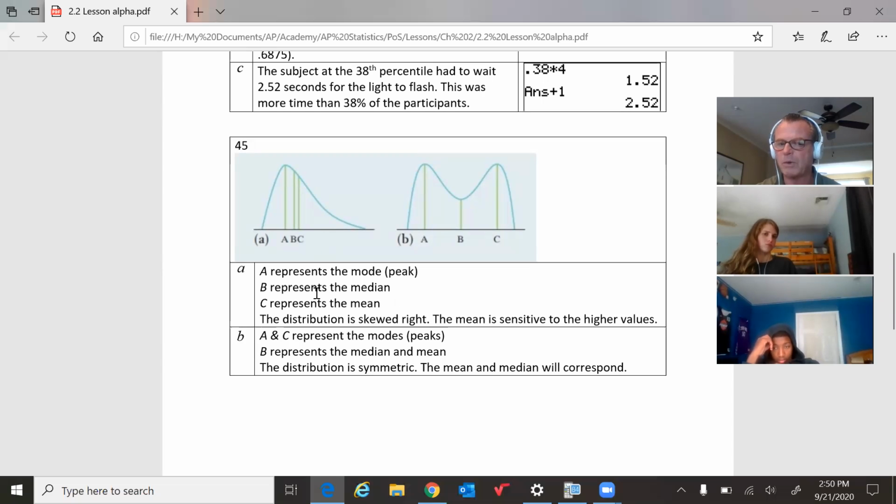So C necessarily represents the mean, and B would be the median. Now this picture is not as important, but in this picture it's symmetric. So A and C are the modes. And because it's symmetric, the mean and median would map onto each other at B.